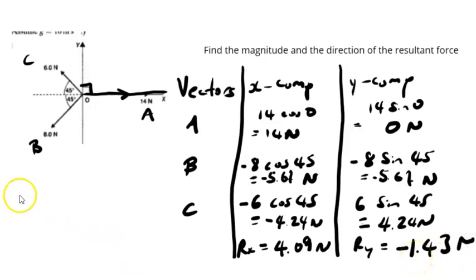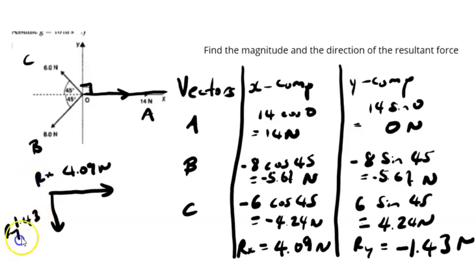Let's go ahead and draw that. We're told that in the x direction, when we draw this, we end up with 4.09 newtons, and we're going 1.43 newtons down. So Rx, Ry, and we have a resultant force going this direction. Our angle is going to be to the horizontal.